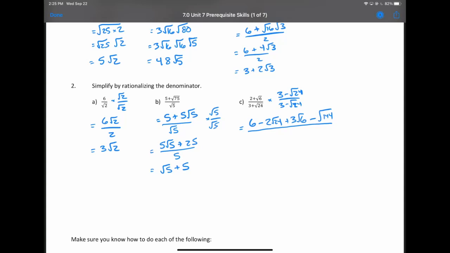And on the bottom, I'm just going to remind you that a squared minus b squared equals a plus b, a minus b. It's our difference of squares formula. And since the bottom is a plus b, a minus b, we can write that as a squared minus b squared.